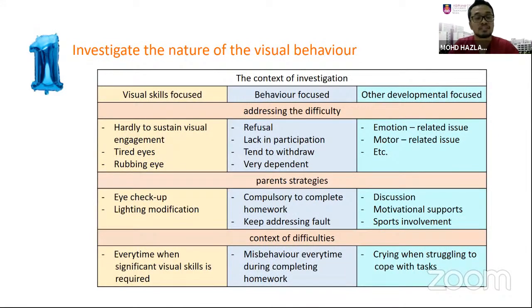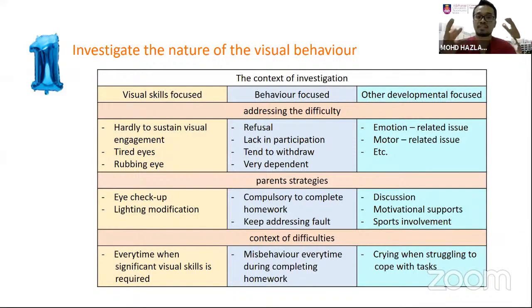Okay, the first thing that I want to emphasize here: always investigate the nature of the visual behavior. So how are we going to investigate this visual behavior? Because we have zero information, the parent has not told us anything yet, so we have zero understanding about the child.